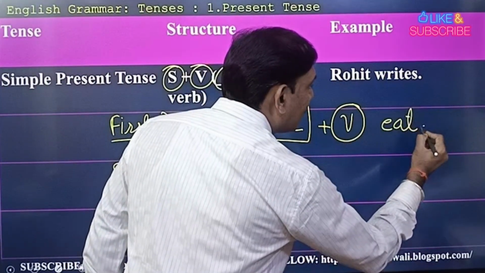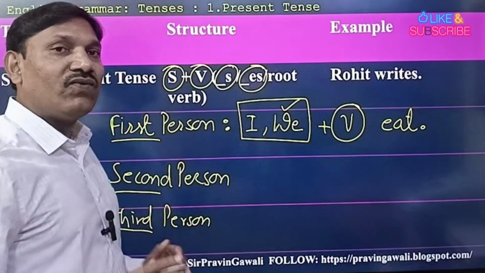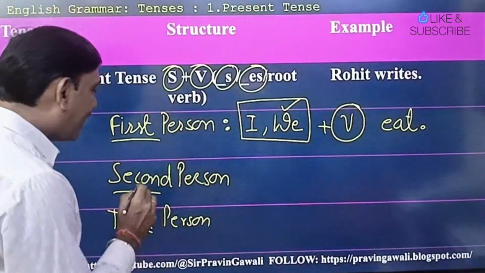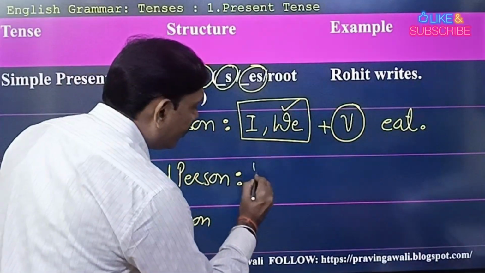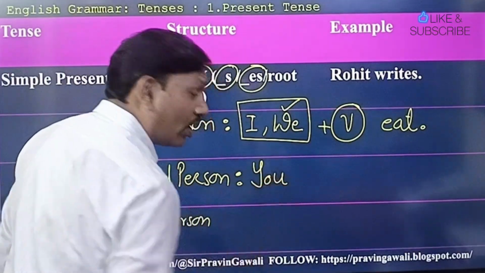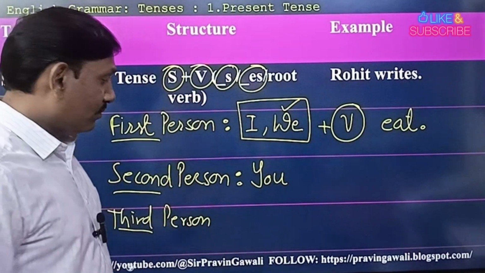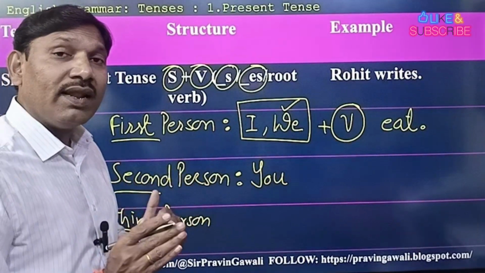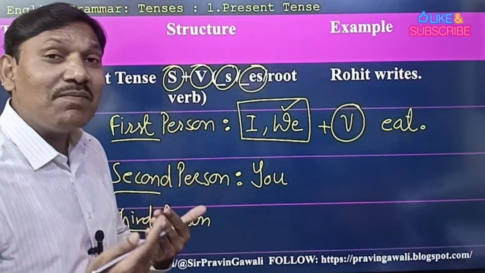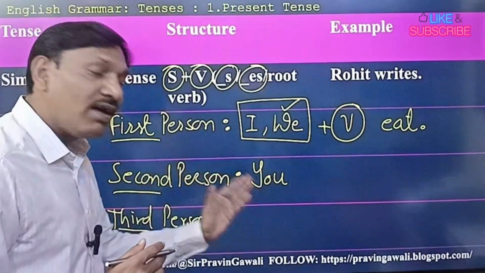Eat is the main form or root form of the verb. In the same way, second person. Now, second person, for example, you is a second person pronoun. So, second person: you or you plural. It may be singular or it may be plural, but this is the second person.